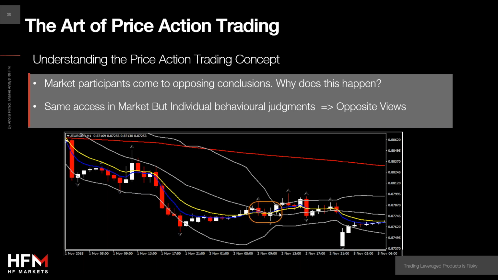If you're seeing a selling signal, go for it. With a price action or a technical analysis approach, regardless of what you're using, if you had a different point of view and different judgment, just follow your approach.